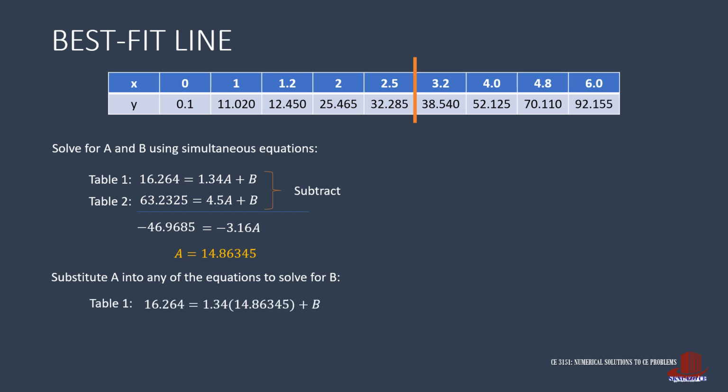Say we use the first, giving 16.264 as equal to 1.34 times 14.86345 plus b, which yields b is negative 3.65302. So the best fit line for the dataset has a function of y as equal to 14.86345x minus 3.65302.